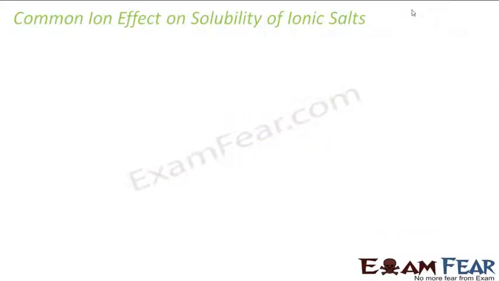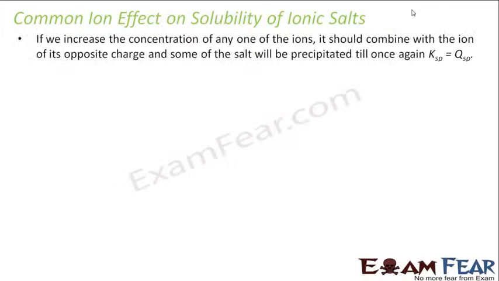Now we'll understand the common ion effect on the solubility of ionic solids. We have seen the ion effects in the reactions of hydrolysis. Now we'll see the ion effect in the solubility. Same thing here. If you increase the concentration of one ion, that ion will combine with the ion of opposite charge, and the salt will be precipitated till you get Ksp equal to Qsp.